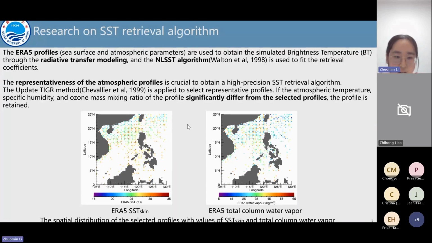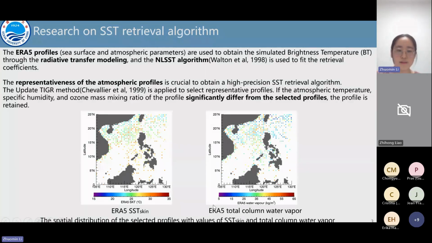The updated TIGR method is applied to select representative profiles. If the atmospheric temperature, specific humidity, and ozone mass mixing ratio of the profile significantly differ from the selected profiles, the profile is retained.